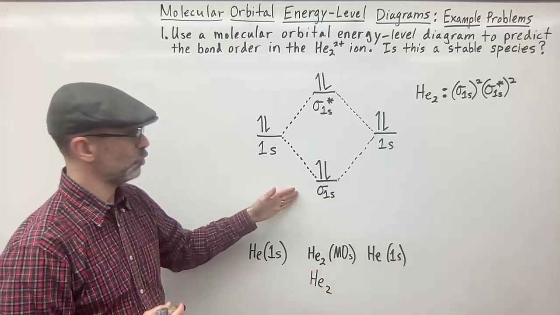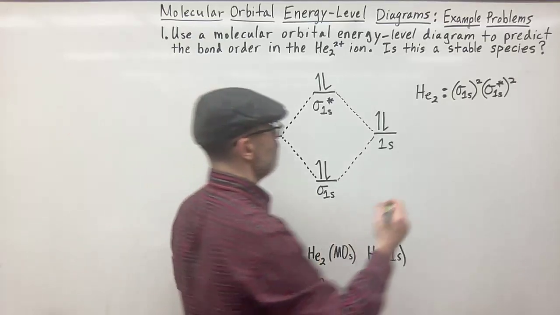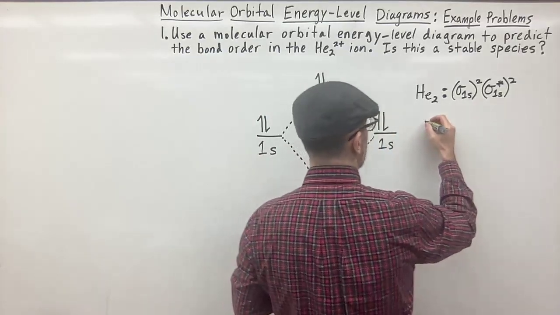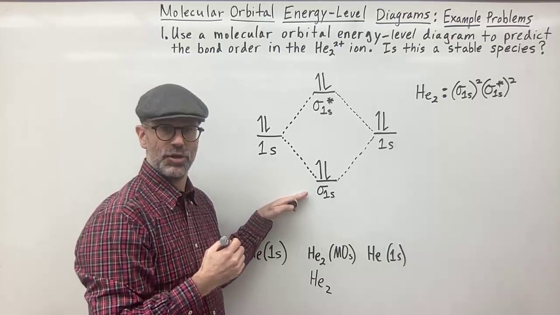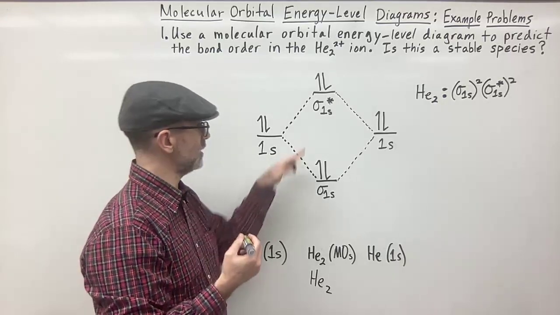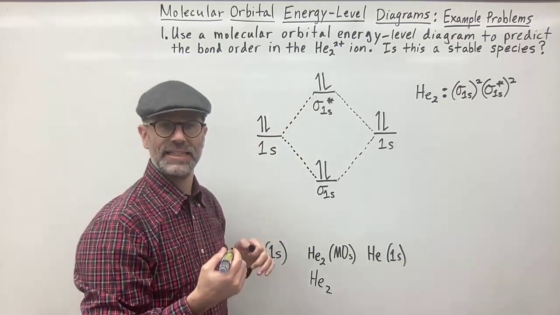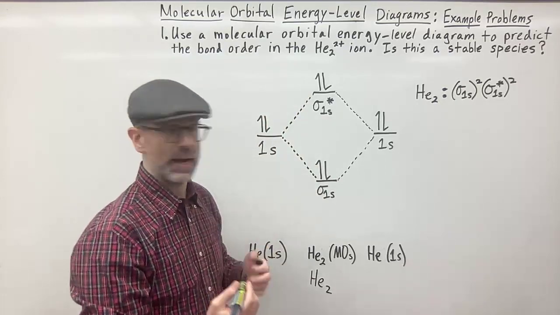However, if we do the bond order, if you remember, bond order is the number of bonding electrons minus the number of anti-bonding electrons, divided by 2.